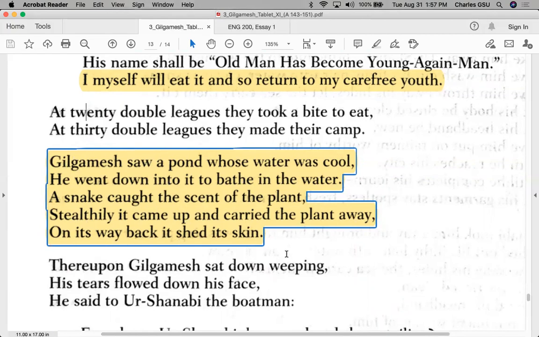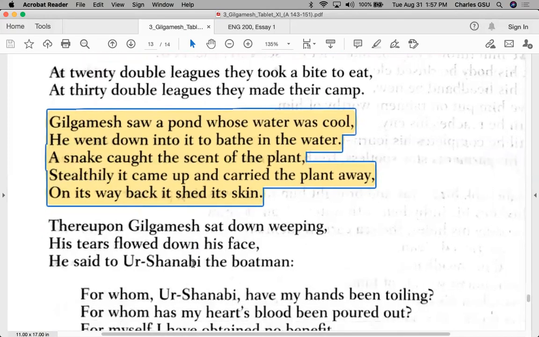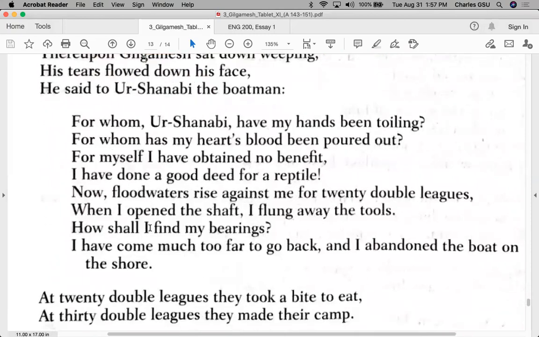So now we have the appearance of a serpent or snake in conjunction with a plant. And where else do we have that conflation? In Genesis, in the Garden of Eden, with the serpent appearing in the tree of the knowledge of good and evil to Eve.